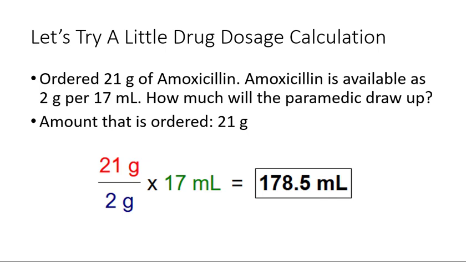Yes? Would the rounding not cause like a danger to the patient? Only in a very few drugs where you have to be exact, and none of those drugs would be within our scope of practice. So either rounding up to a milliliter or rounding down to a milliliter would not have an adverse effect on your patient, because a lot of other things come into play here.